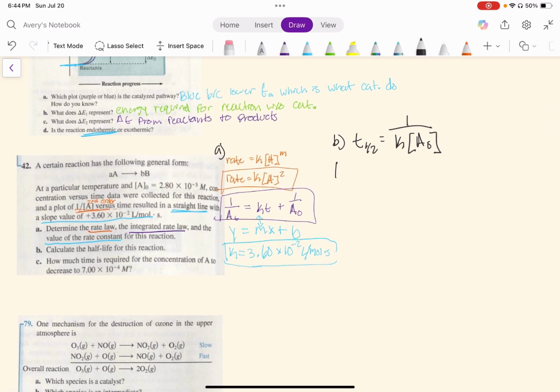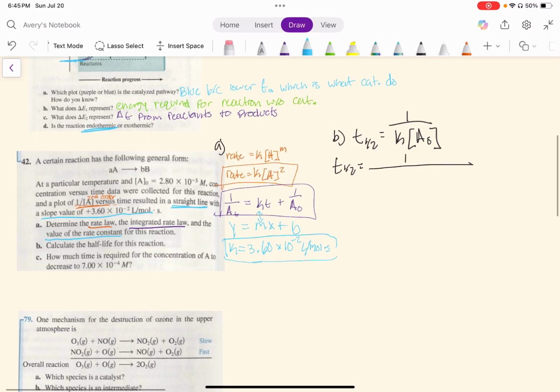I'm going to write it in E form just to save some space. 3.6 e negative 2, which is the same thing as 3.6 times 10 to the power negative 2 liters over moles per second, then times A initial, and we know what that is because the word problem told us. So then times 2.8 e negative 3.